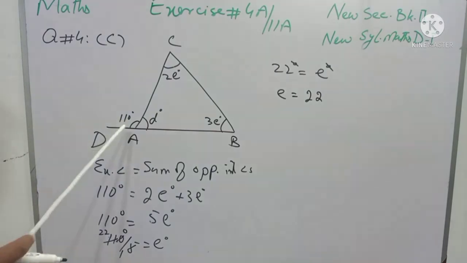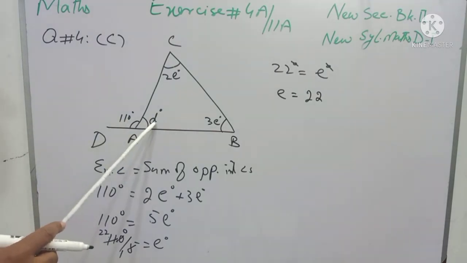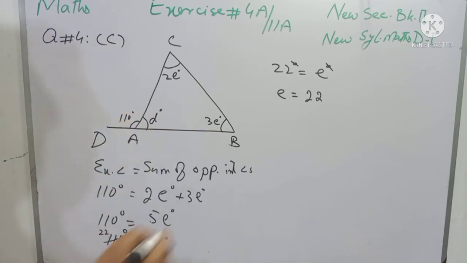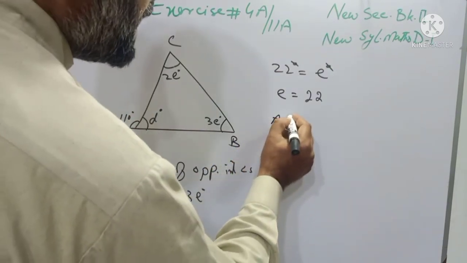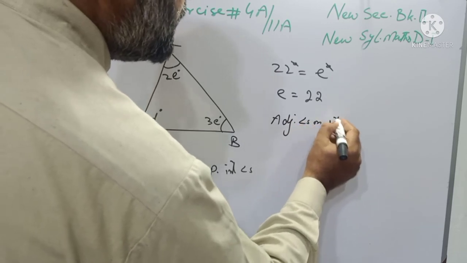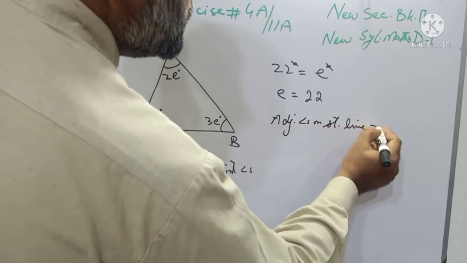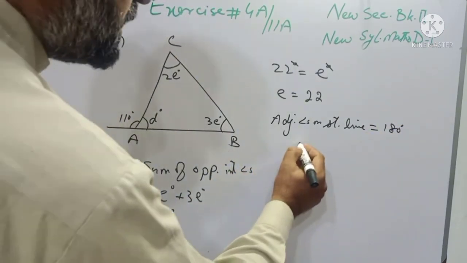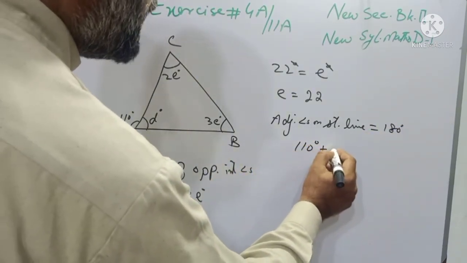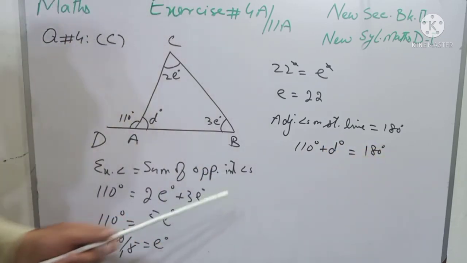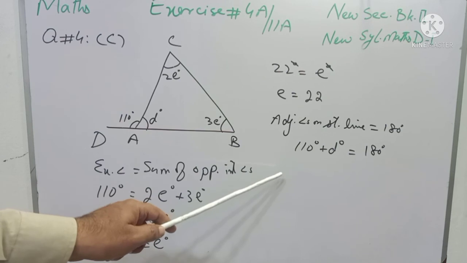Now students, we will sum up 110 and D, and they are adjacent angles on a straight line. Adjacent angles on a straight line is equal to 180 degree, so 110 degree plus D degree is equal to 180 degree, and 110 degree students is plus.